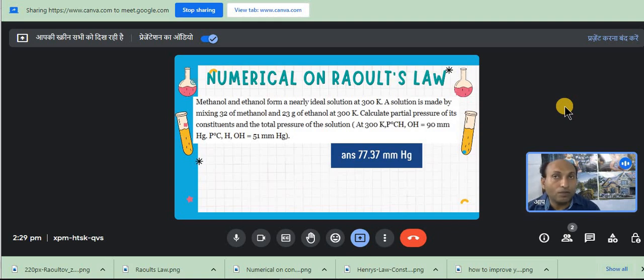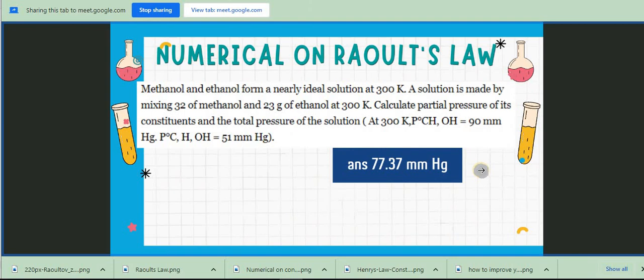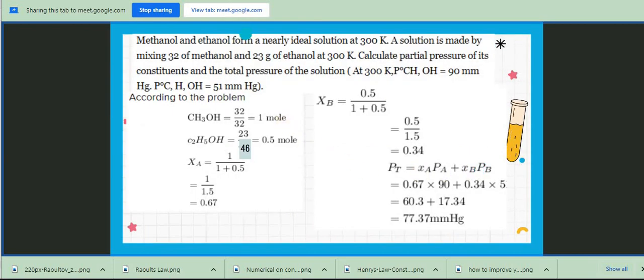Calculate the mole fractions, and once you have them, calculate the partial pressures of methanol and ethanol. If you add both, you will get the total pressure. Hopefully you will get the answer. I am going to show you the answer now. Here is the answer: 77.37 mm of mercury.